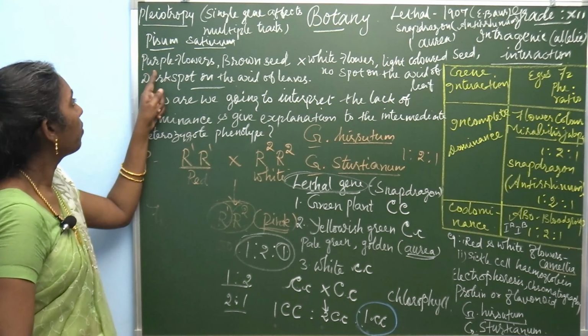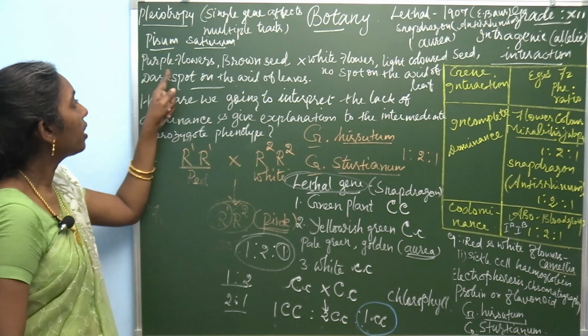Let us see one example. Here the color of the flower, purple color and white color. There is a cross between purple flower and white flower. The traits are three: purple flower, brown color seed, and a dark spot on the axil of the leaf.